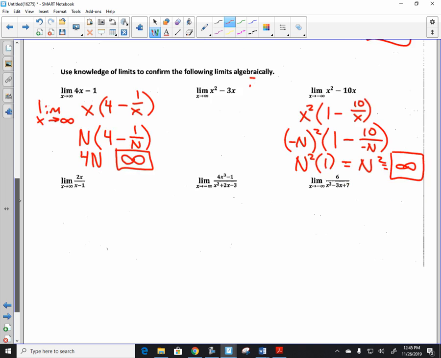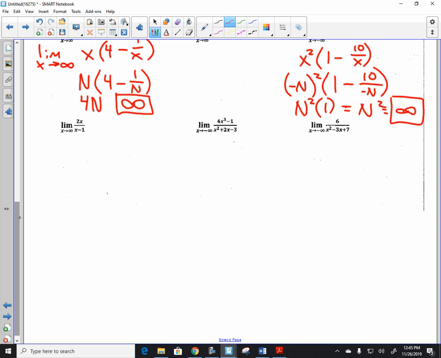Seems like it's just always positive or negative infinity, doesn't it? And that's not the case. This is the beauty that you need to watch as it comes to life. Look at this situation. People plug in infinity here, and they say, well, that's 2 times infinity over infinity minus 1. Well, 2 times infinity is infinity, and infinity minus 1 is infinity, and I get 1.